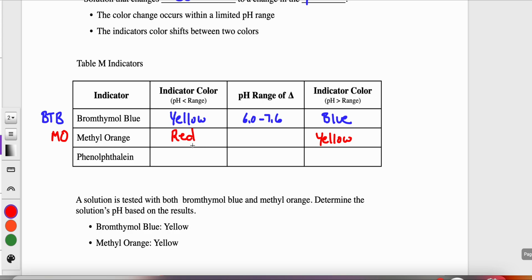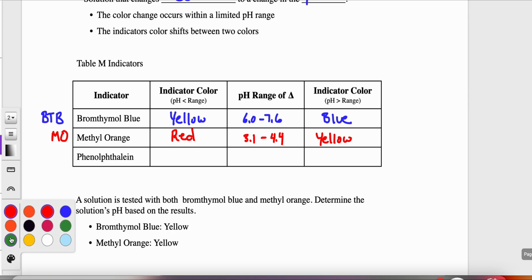Methyl orange will definitely be red if the solution has a pH of less than 3.1. If you put it into a solution where the pH is greater than 4.4, it definitely exhibits its yellow color.